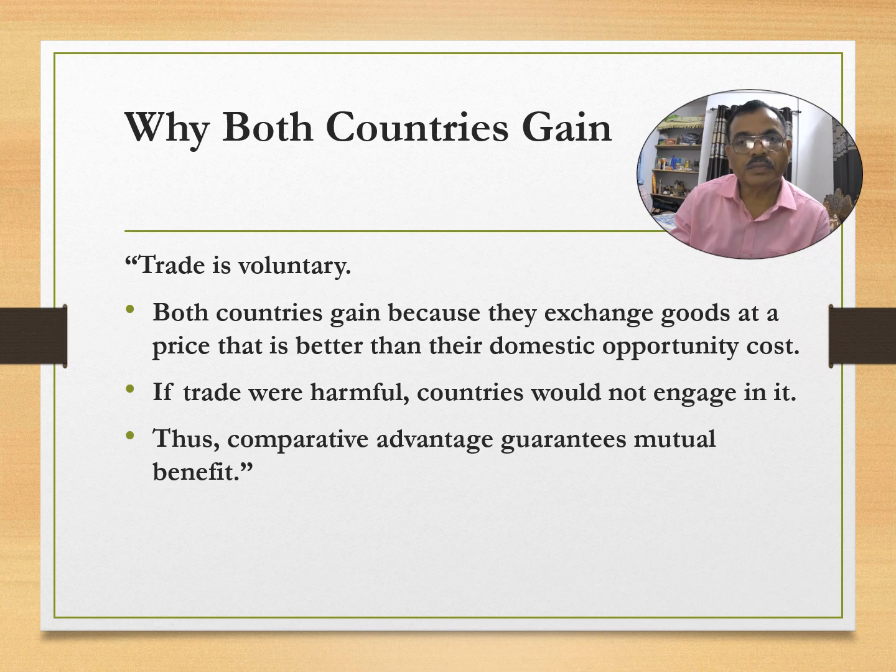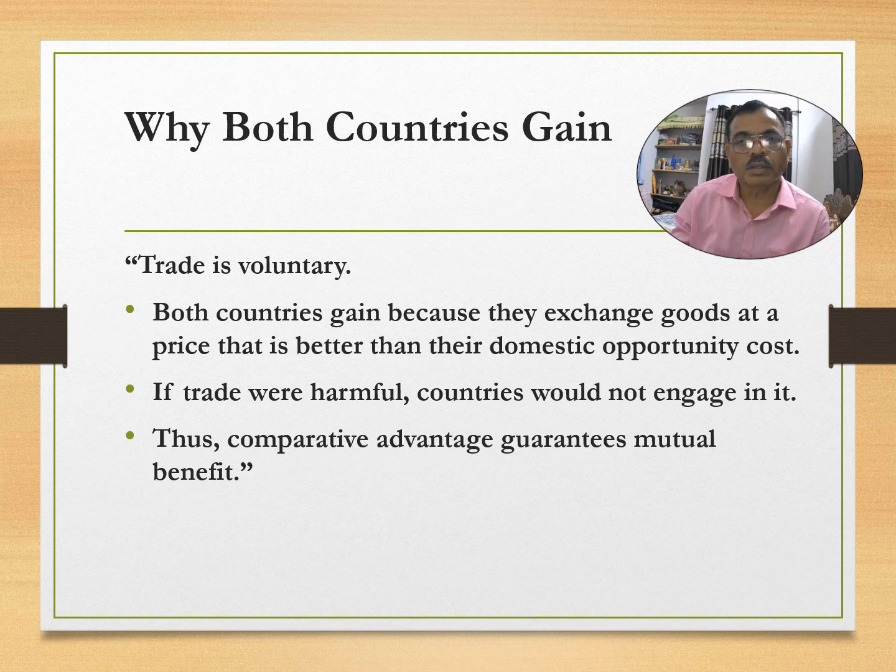That is the key point. If a country can obtain a good more cheaply through trade than through domestic production, it gains. And remember, if trade were harmful, countries would simply not engage in it. Trade continues because it creates benefits for the participating nations.